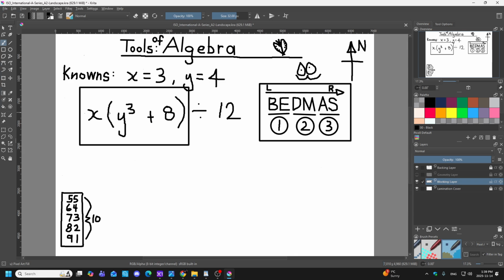All of this stuff inside the brackets, because this is multiplication, all of this inside the parentheses belongs to the x. The x has ownership of this. All of this belongs to the x.